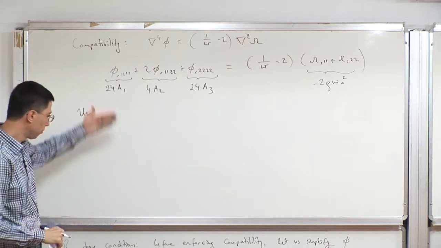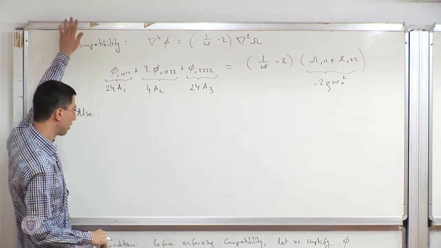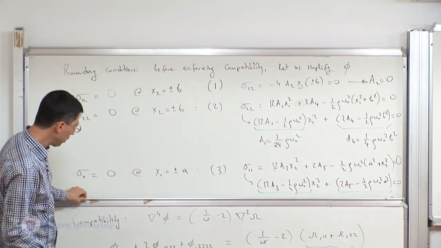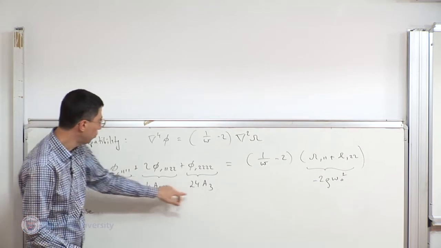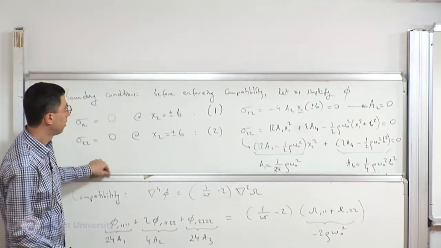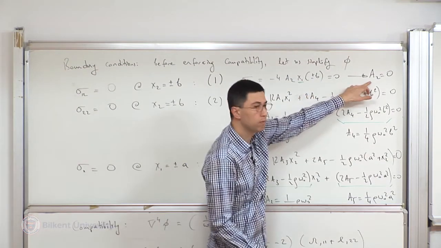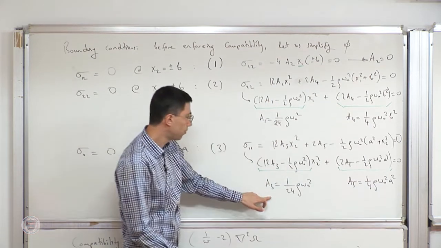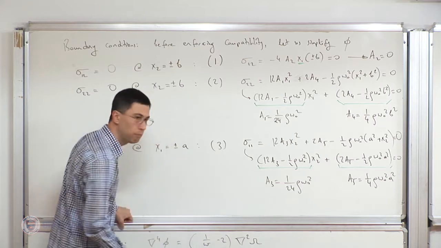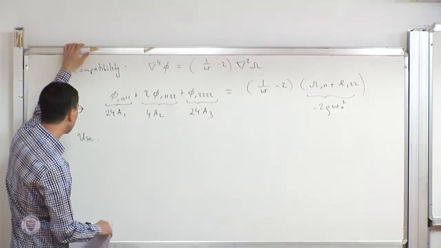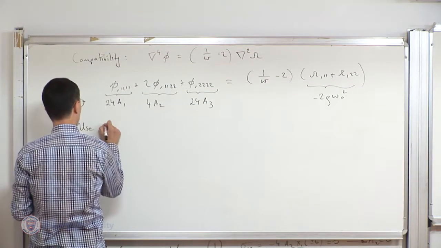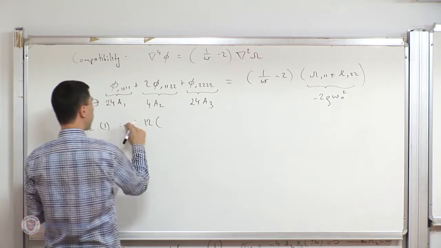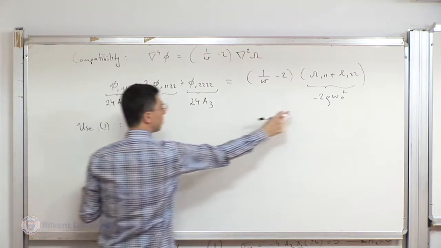Now I have to do a little bit of board sliding. So I have an equation that is in terms of A1, 2, and 3. 2 is there, 1 is there, 3 is there. So I'm going to make use of them. First I can use 1. This is important. If I use 1, I can divide everything by 2.